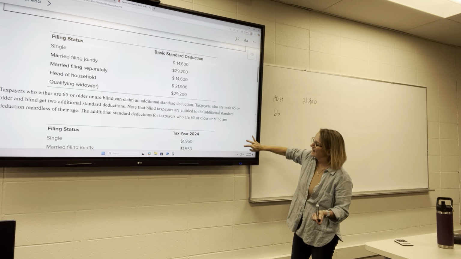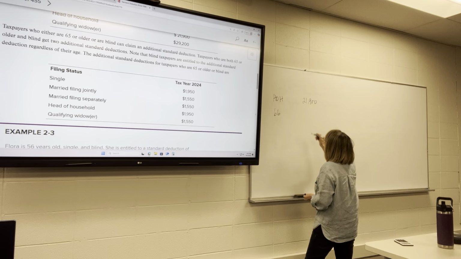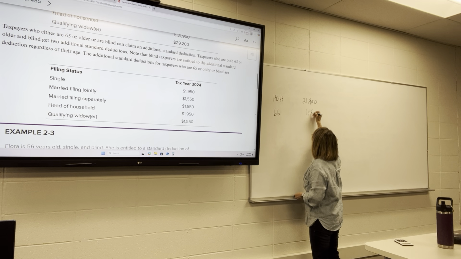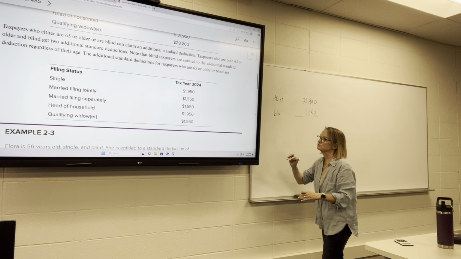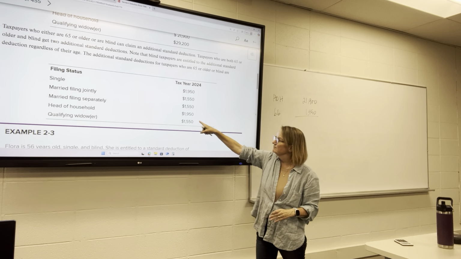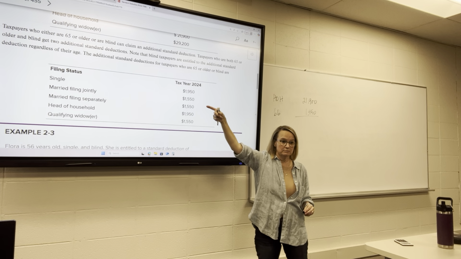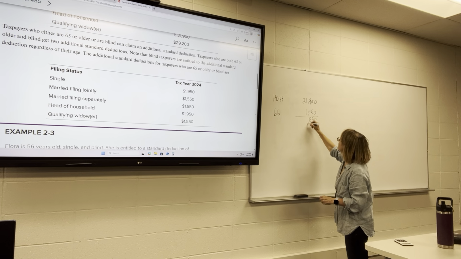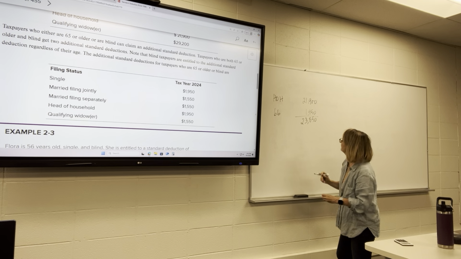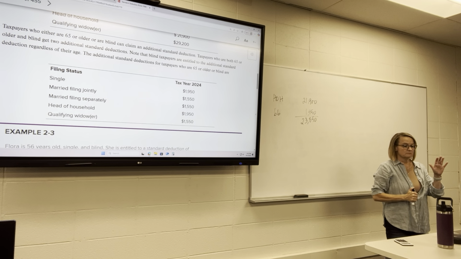And then we're going to add, for head of household, an additional $1,950. Not $1,550, $1,950. So for single and head of household, they get more of a bump, right? So now they're up to $23,850. Does that make sense?